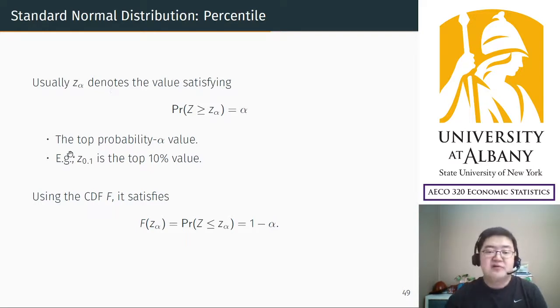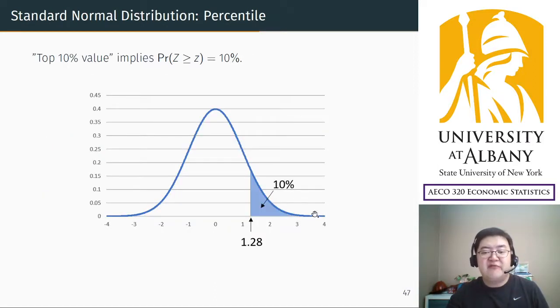For example, Z.1 is the top 10% value, or 90 percentile. And 90 percentile is the same thing, but 10 percentile is different. It's the top 10% value, so it counts probability from the top in this approach. So we take this number.